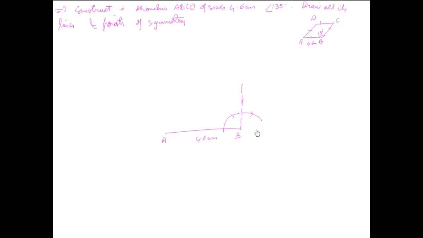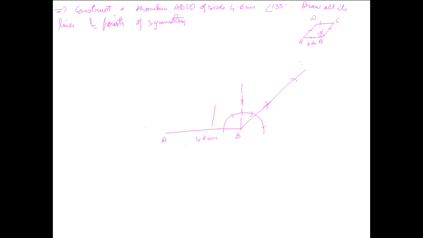And then children, we bisect the angle, this being 180 degrees. We bisect the angle between these two. So we keep it here and mark, and keep it here and mark, and that, children, would come out to be 135 degrees. Now children, we'll mark 4.6.